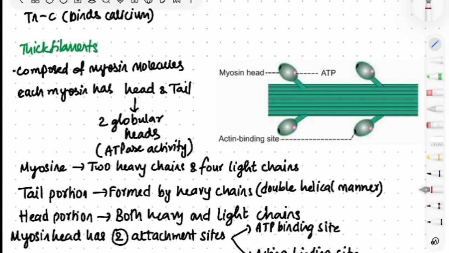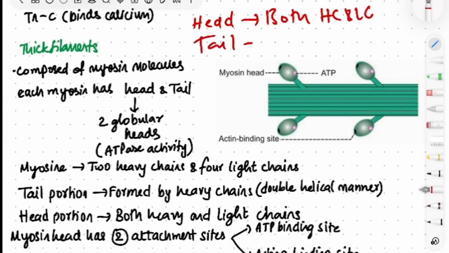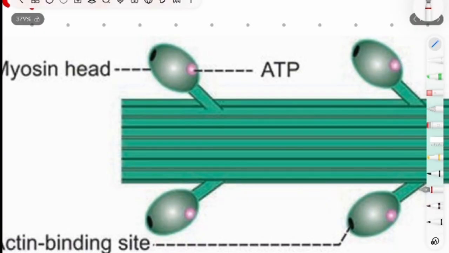I'll just note it down. The head of this myosin molecule is formed by both heavy chains and light chains, whereas the tail portion is formed by heavy chains only. And in the head we have two sites of attachment.